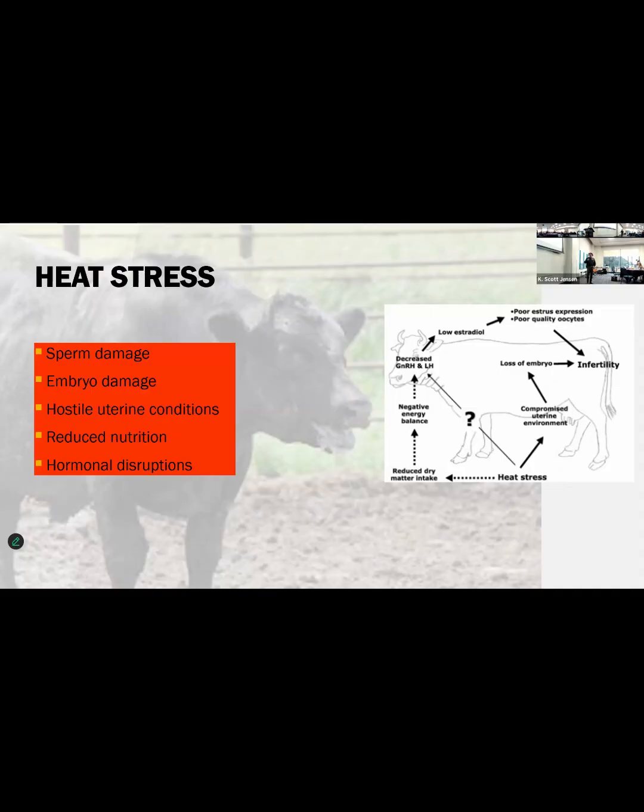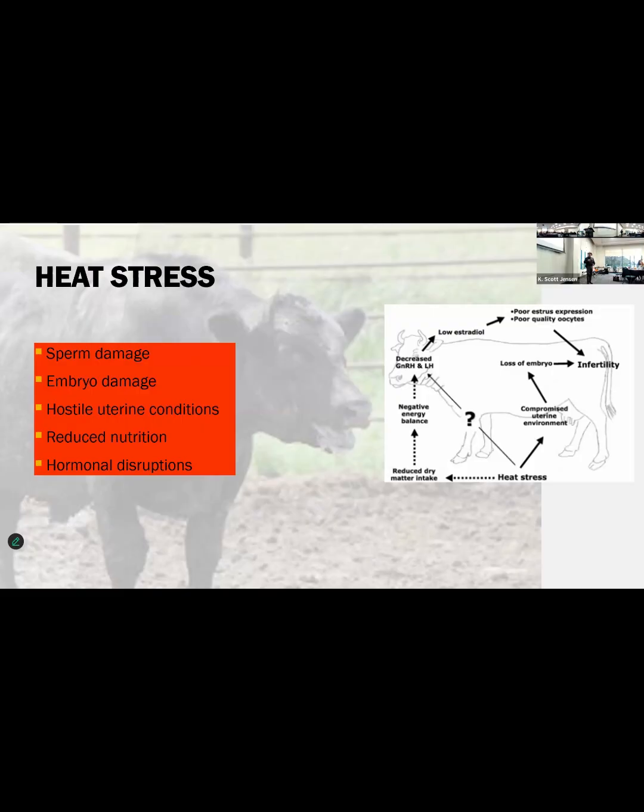We talked about embryo damage from heat stress, and hostile uterine conditions, you know, those substances secreted by the uterus that nourish the embryo before it has implanted.